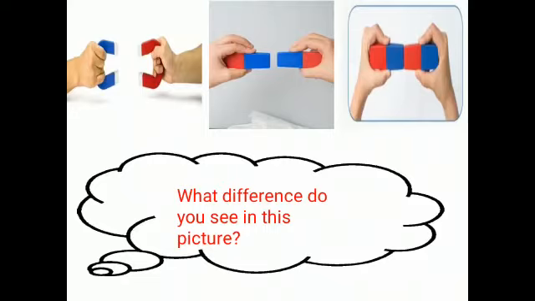In the second picture, the 2 magnets are placed a little closer than the first one, and in this third picture, the 2 magnets are so close that both the magnets are attached to each other. Or we can say they are very much linked in comparison to the other 2 cases. This is what we observe in this whole picture.